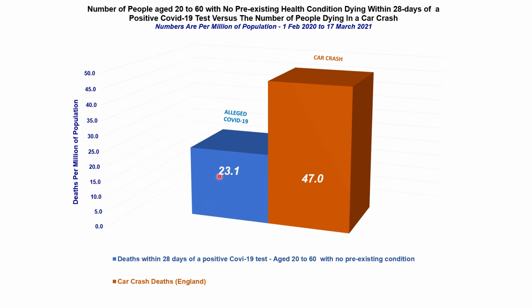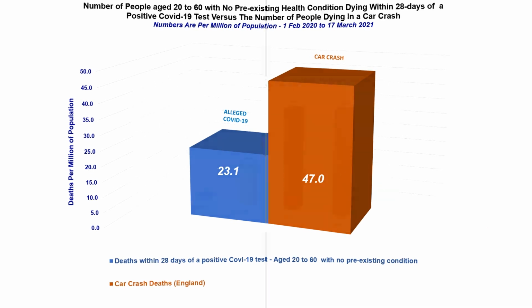Now that might be 40 if we include the people who have died at home, because there are people dying at home as well as hospital, but it's still less than the chance of dying in a car crash. But we haven't banned cars, well, not yet, not until climate change lockdowns come in.